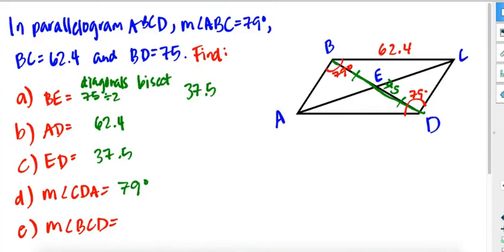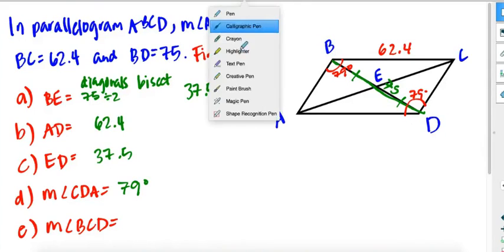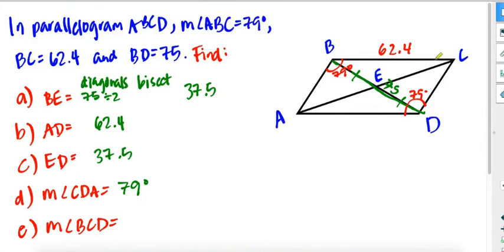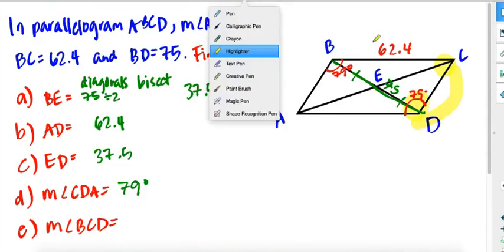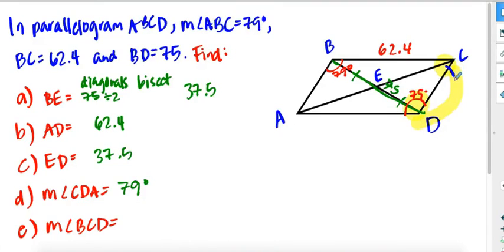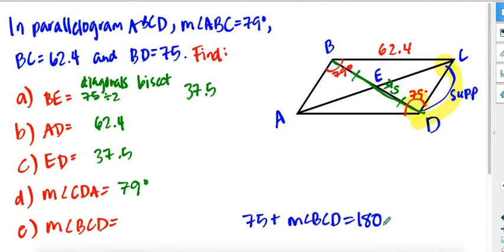And then the measure of BCD. Okay, this is really important for you guys to know that consecutive angles are supplementary. So I'm going to put it in here. They are supplementary. So that means 79 plus whatever the measure of BCD is has to equal 180 degrees.